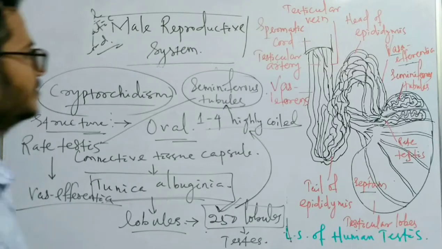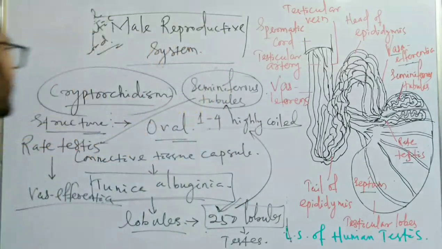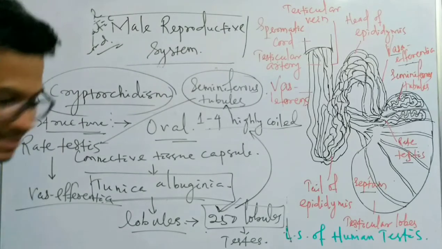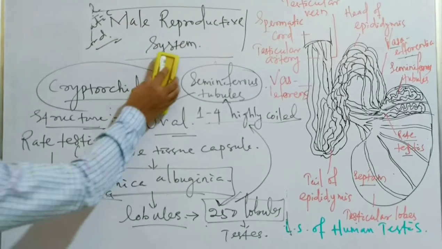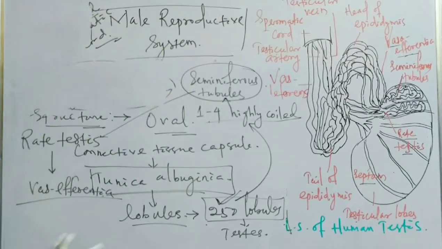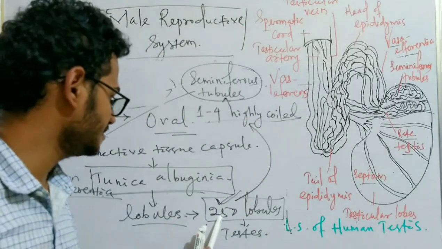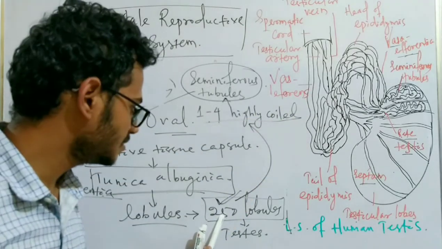Next, the interstitial cells. The important thing here is the interstitial cells present in the testis. What are the interstitial cells? They are known as the Leydig cells. So let me erase this, because we know that each testis has 250 lobules.